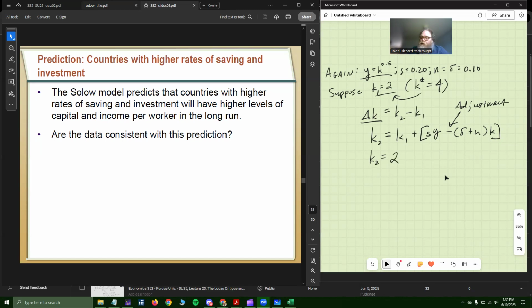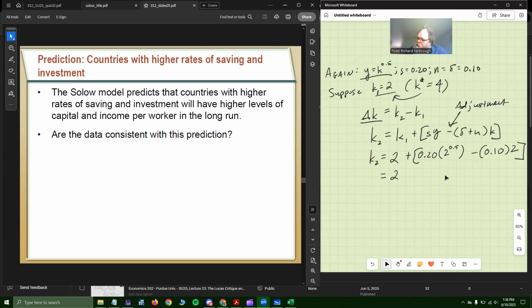So 2 units of capital there, plus, and like I said, we're just going to plug everything in. So 20% savings rate. We know that output is capital per worker raised to 0.5, so that's just going to be square root of 2, and then minus 10% times 2 capital per worker. And so we just do the math here.